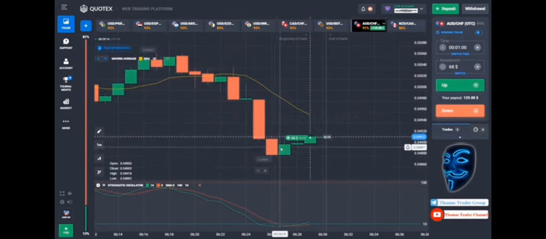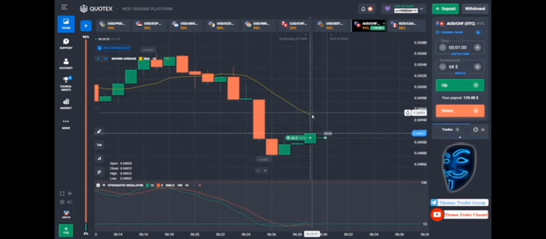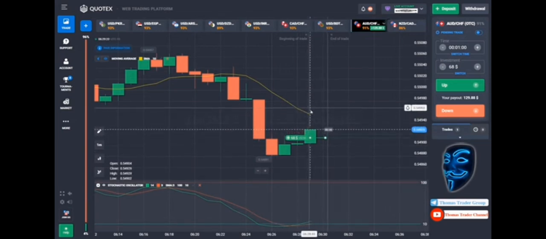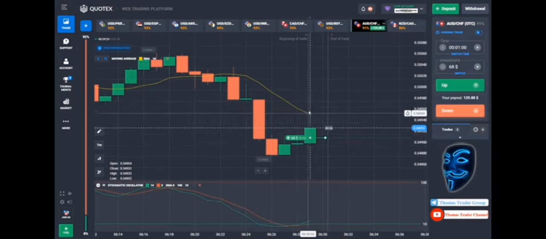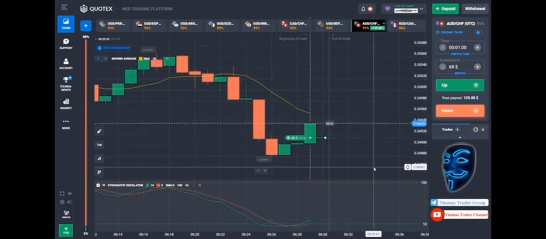Like what I said before, the market will continue the correction to the moving average line before it continues the bearish trend. Let's brave it and let's wait till the end of our trade.